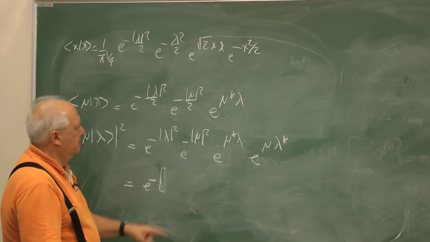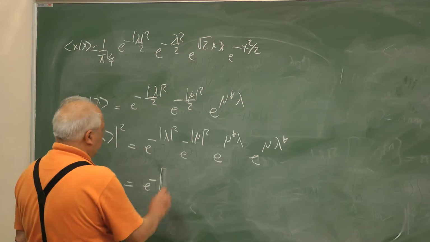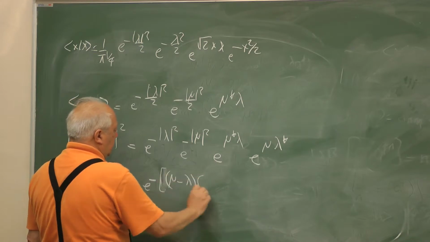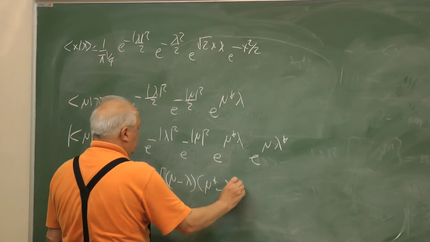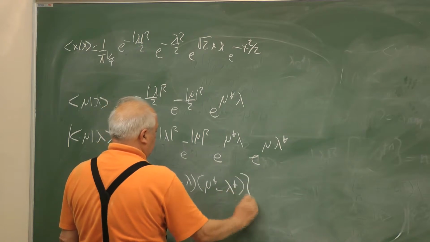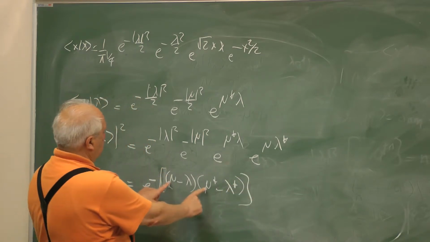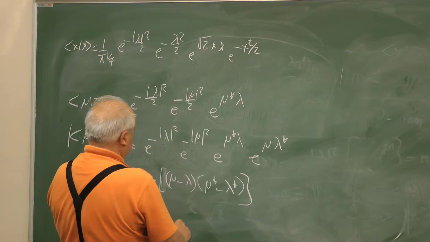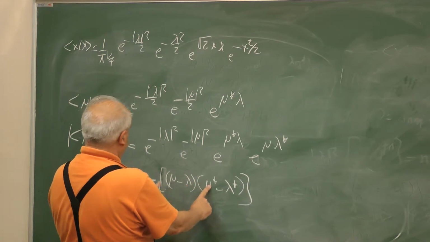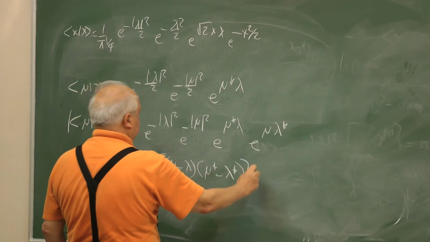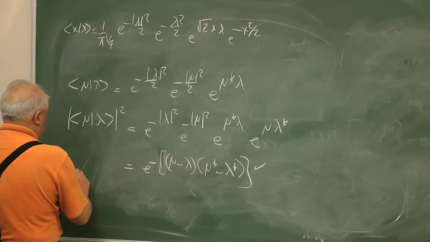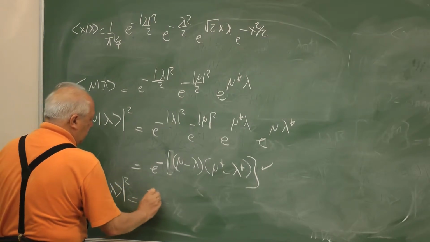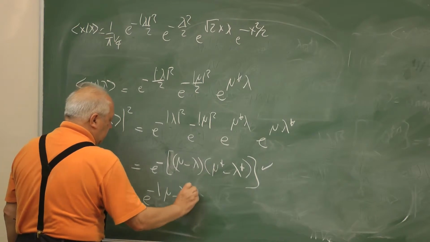I have the squares and I have the cross terms. Therefore, it looks something like this: minus lambda, mu star, minus lambda star. Let's check. I have the minus mu square, it's here. Minus lambda absolute square, it is here. Minus lambda mu star, with a minus becomes plus. Okay, it checks. So we found that mu lambda absolute square is e to the minus mu minus lambda absolute square.